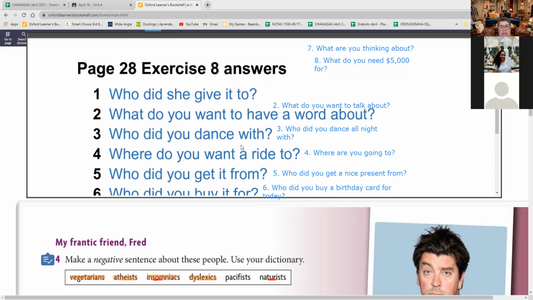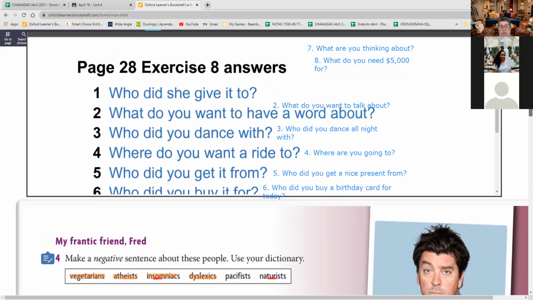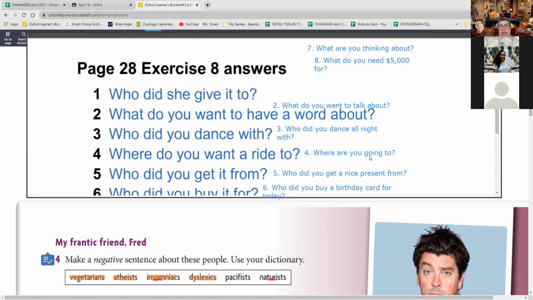Most sentences are doing it. Number one, number five, number six, okay? But it's not wrong at all to say the nouns. So who did you buy a birthday card for? Like I said here, they did not repeat the word today. It's not necessary, okay? So you can finish your question with for.